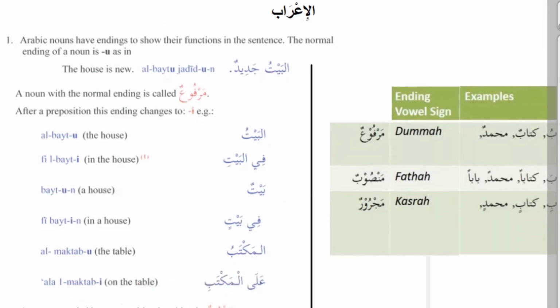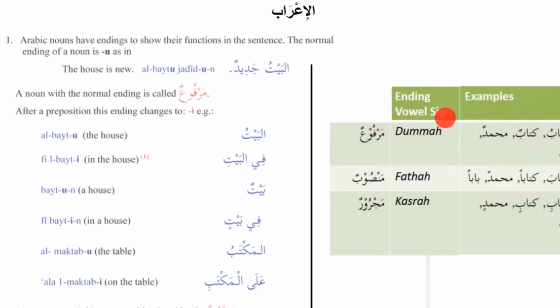So a noun preceded by a preposition is said to be majrur. In simple terms, a noun ending with kesra or kesratain is said to be majrur. So observe here.